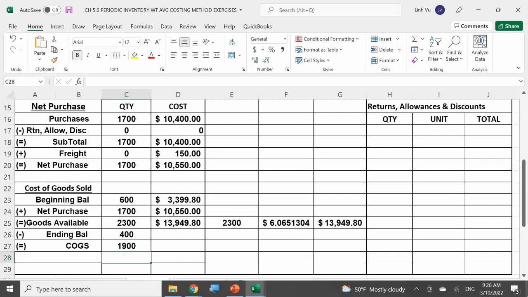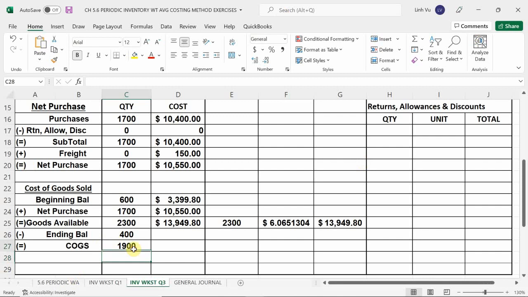So in this case, straightforward, right? I'm just going to calculate the 1,900 and multiply it by the average cost of $6.0651. Okay, that's exactly what I would do.